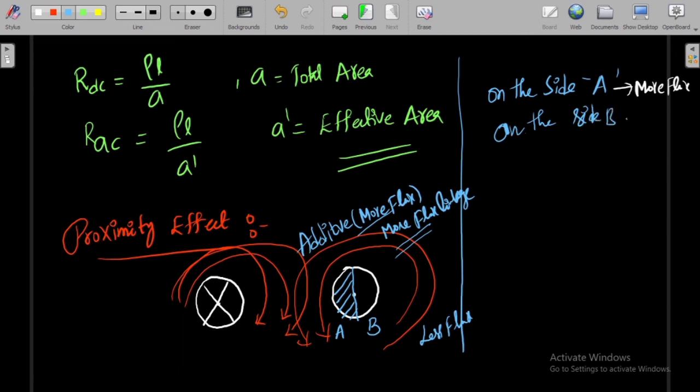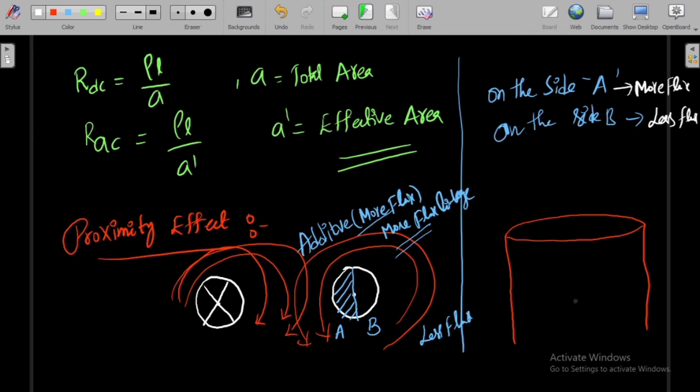Now what is happening here? There is a flux linkage changing from one side to another side. Again, we are coming to the same concept as we got in the skin effect. In the skin effect, when we move from the surface to the center, the flux linkages are increasing, so that the current is reducing.